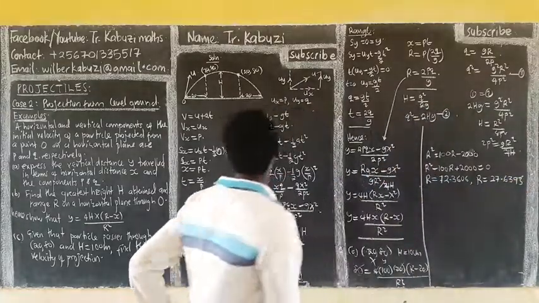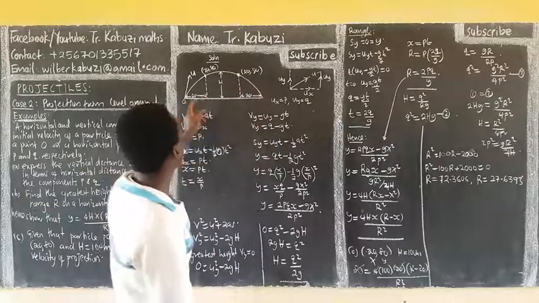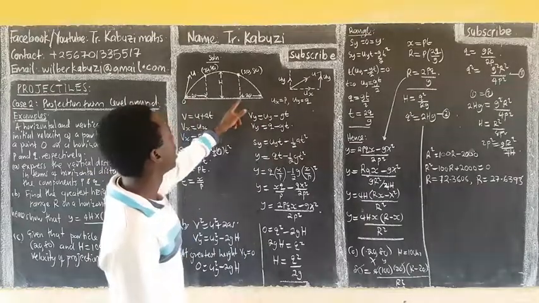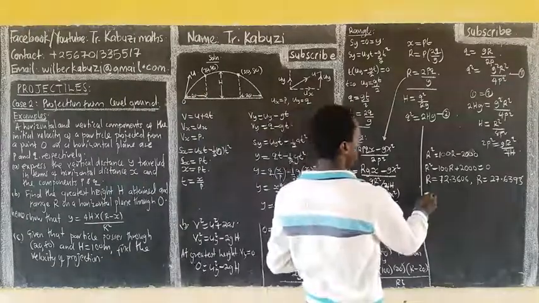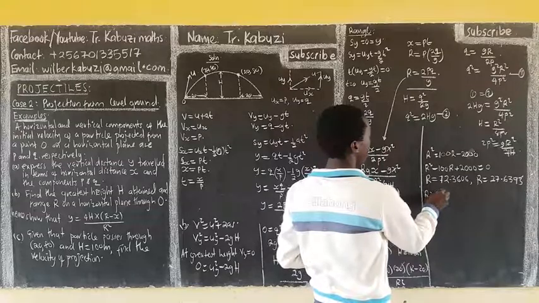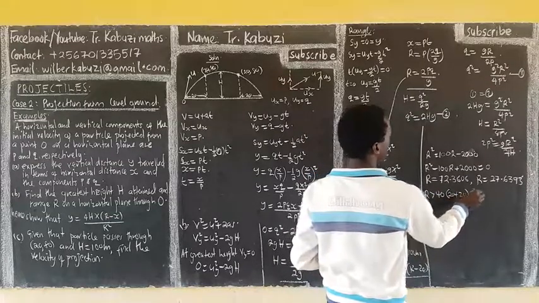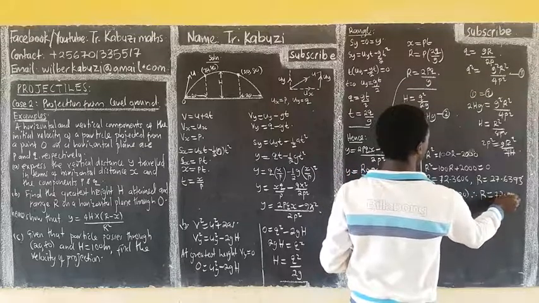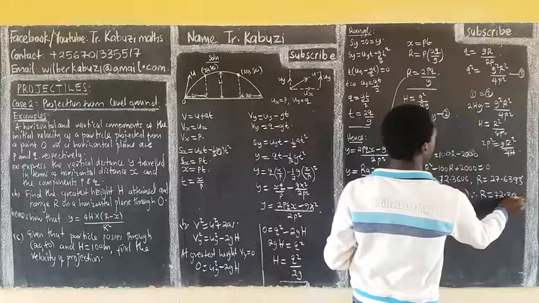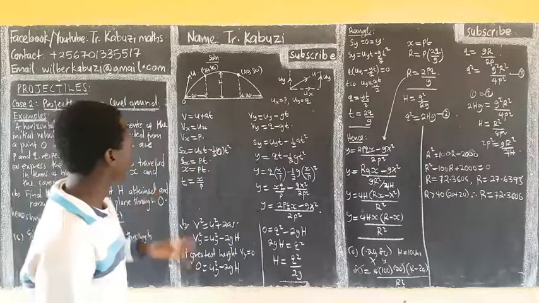Now the question is, which value of r do we take? It's not this r, r is the whole of this distance, because it has this 20 already, and this 20 already, that's already 40. It means that our r should be greater than 40, which is 20 plus 20. So our r is going to be 72.360.